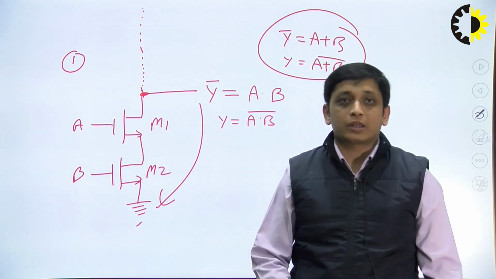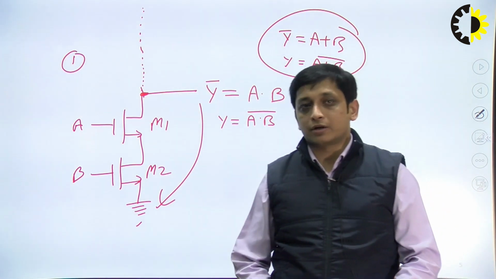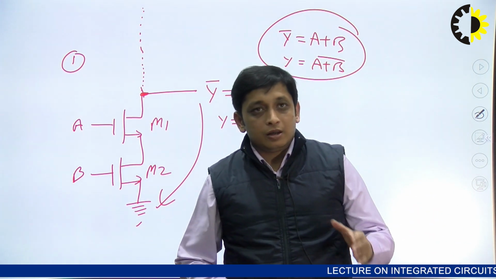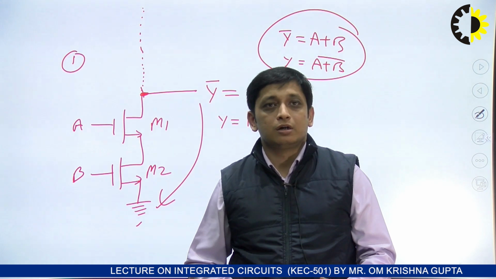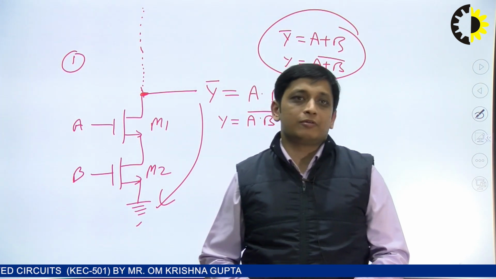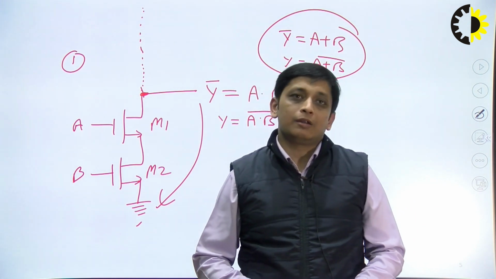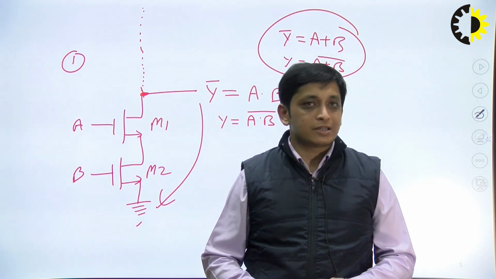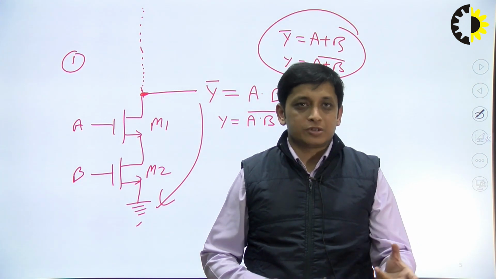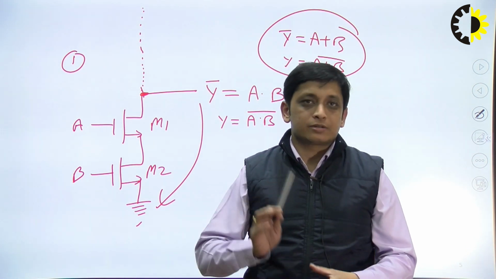And one more thing about the pull up and pull down network: if NMOS transistors are in series, then PMOS transistors will be in parallel. And if NMOS transistors are in parallel, then PMOS transistors will be in series. Just opposite: series, parallel, parallel, series.